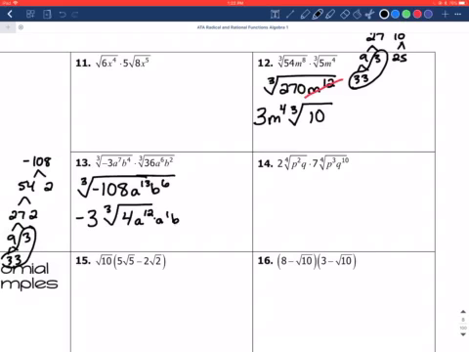So it'll be a to the 12th and 1, and b to the 6 is still a multiple of 3. So our final answer, once we divide 12 by 3, that'll give us a to the 4th. And then 6 divided by 3 gives us b to the 2nd. Cube root of 4a is the only thing left inside there.